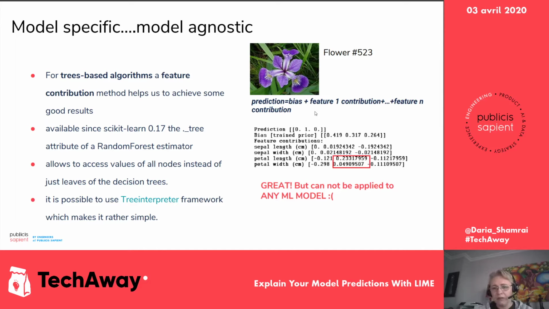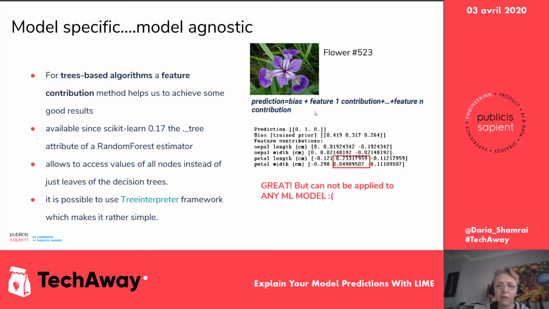And it's absolutely great that now we know how to explain the decision of the model for a single instance. But this great tool is applicable only for things like random forest or similar algorithms.